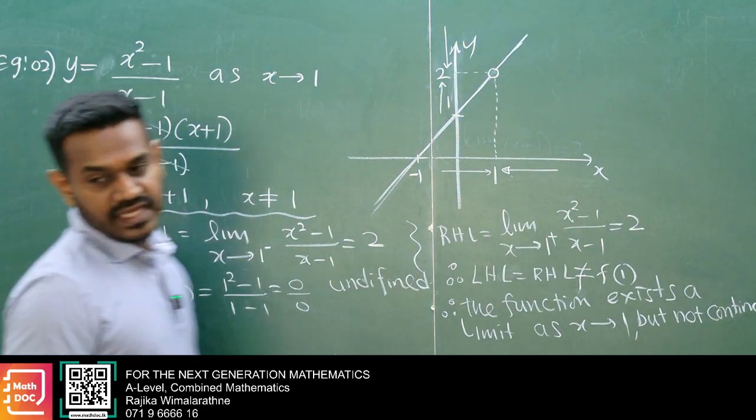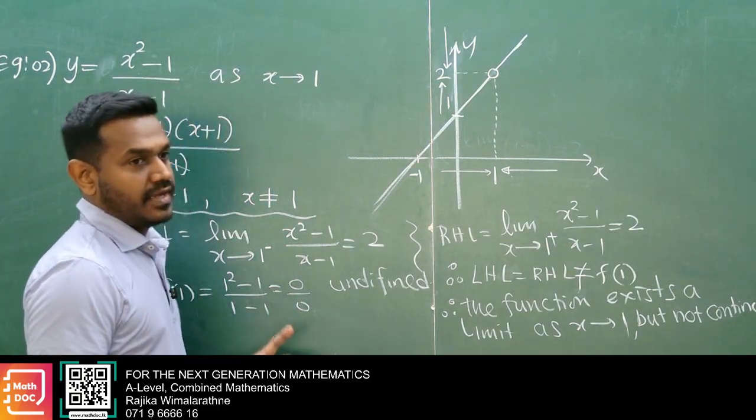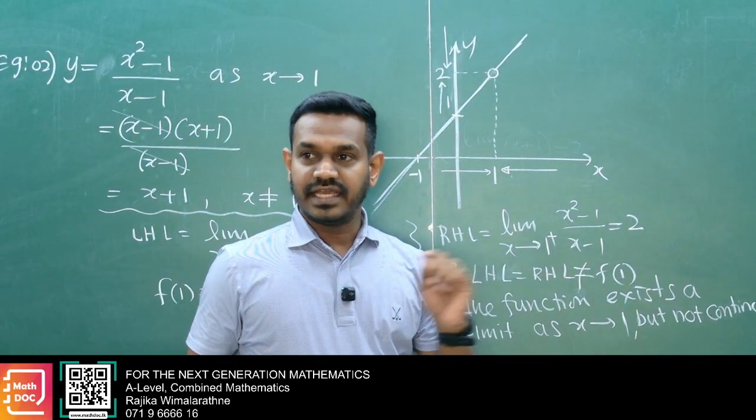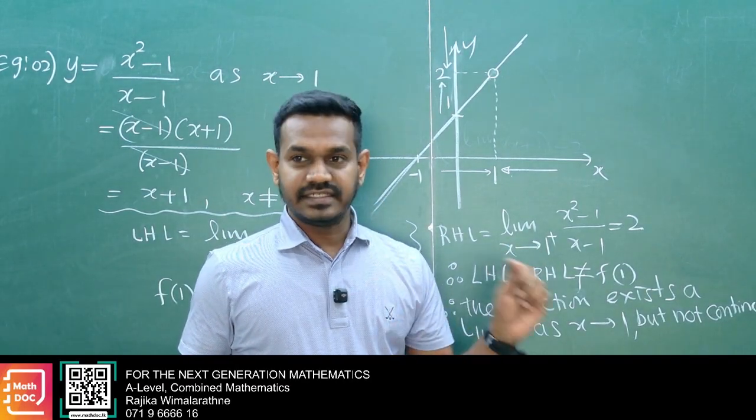Now let's do another example. I'm going to discuss three different cases here. First one, continuous and the limit exists. Second case, the limit exists, but not continuous.